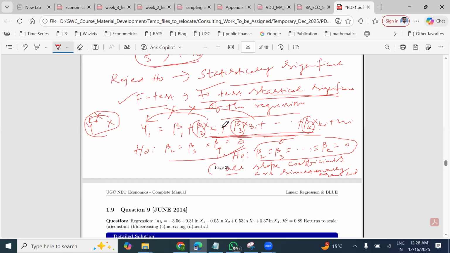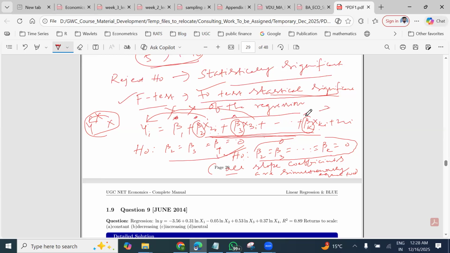Just one doubt, sir. Here, this beta 1, beta 2, are we calling them parameter or estimate, sir? Parameter. You can use beta 1 hat, beta 2 hat, not a problem. You can use them alternatively. But usually when we test, we are hypothesizing, because the population regression function is the first point.